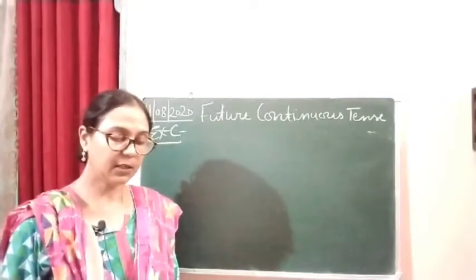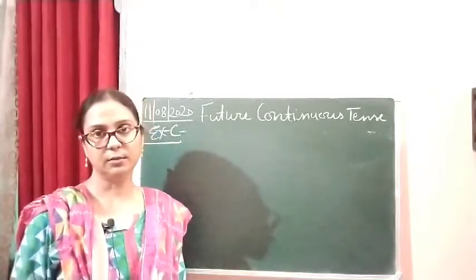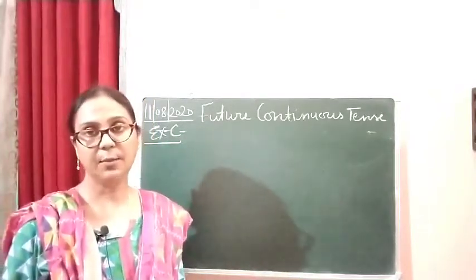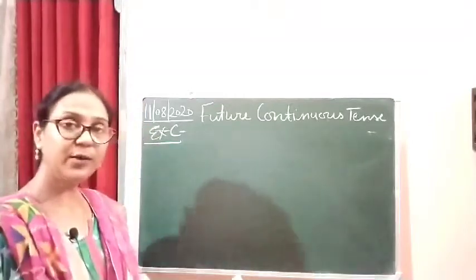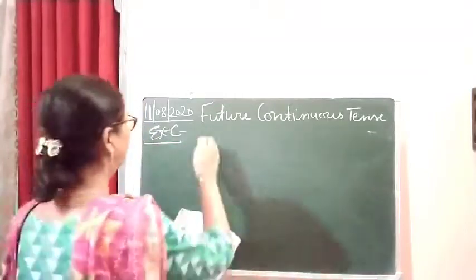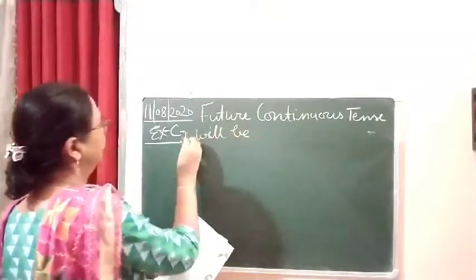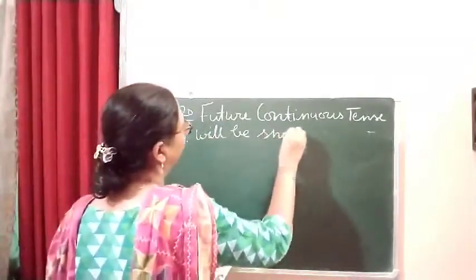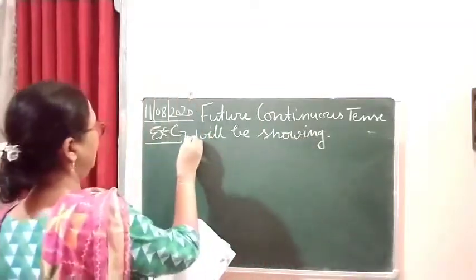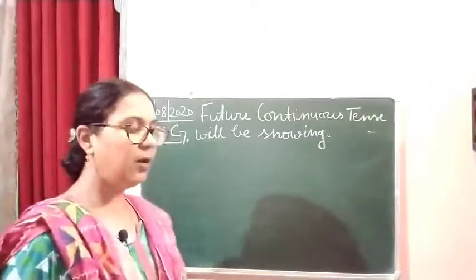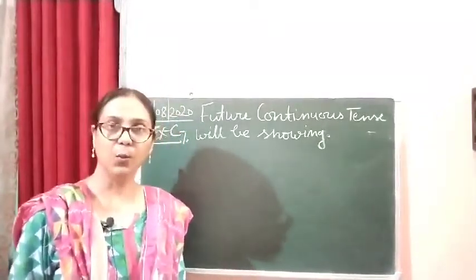First is, it dash heavily in Shimla during winter. The word given in the bracket is snow. So what are we going to write here? It will be snowing heavily in Shimla during winter.